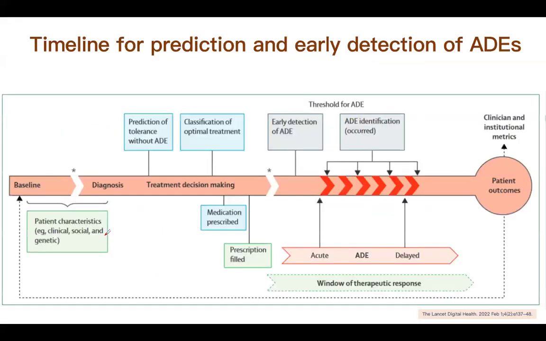tool. So actually, we need to have a good patient outcome, and our treatment should be targeted for a good patient-oriented outcome. So for that, in each step, starting from the patient phenotype, with some specific clinical, social, and genetic information, to diagnosis, to the treatment decision making, what medications we are prescribing, how the prescription is being filled, everything, those data, if we can put them together, can tell us about the certain possibility of an adverse drug event.